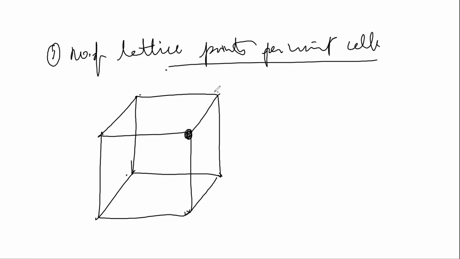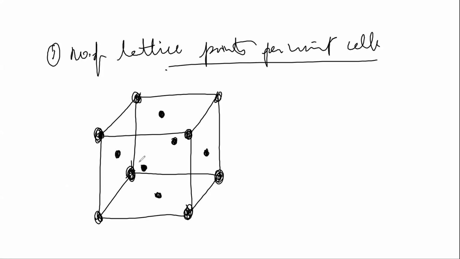That means we have 8 corner atoms at each of the corners of the cube, so a total of 8 atoms on this cube. Now we have face centered atoms. So I have one face centered atom here, one here, one here, one here, and one here on this face, and one here on this face.